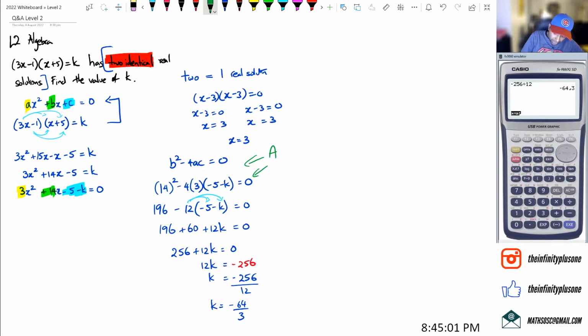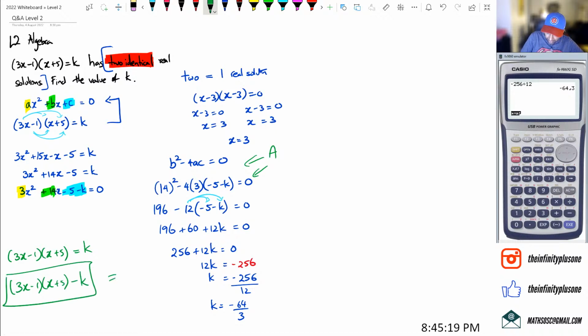So if you look at it, the original equation was 3x minus 1, x plus 5 equals k. So I said, I want to actually look at this graph. That's why I did minus k, and then I put this equal to y.